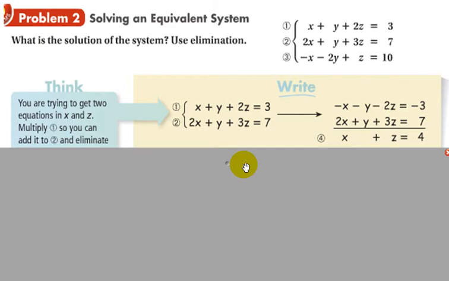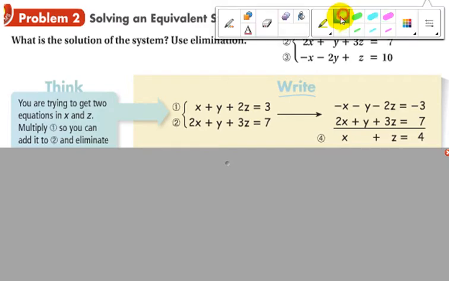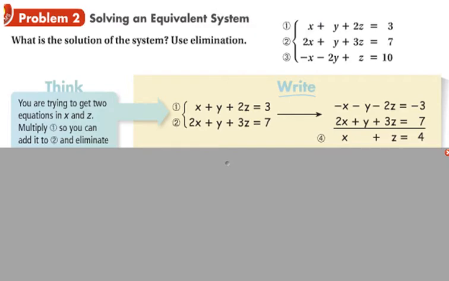Okay. So the book says they're going to eliminate y using equations 1 and 2. So here they've copied equation 1 and equation 2. Notice that they keep the curly bracket to show this is a system. These are working together.